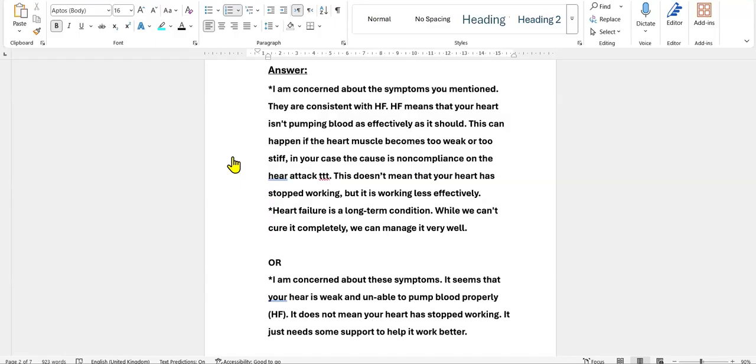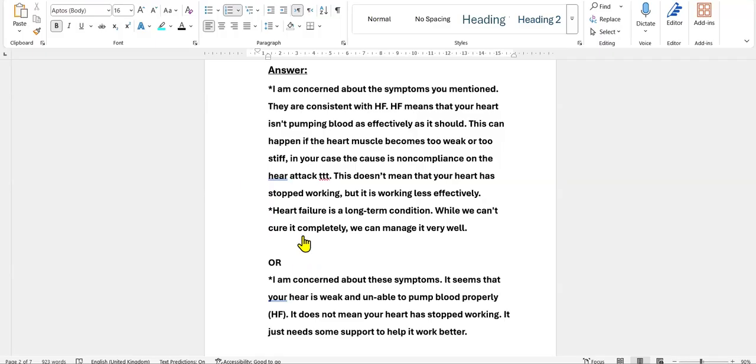Both of them are right. This can happen if the heart muscles become too weak or too stiff. Why are your heart muscles too weak or too stiff? As Dr. Ahmed explained, because you had a heart attack and were not compliant with the medication. So this is a complication of that. All right. Heart failure is a long-term condition.